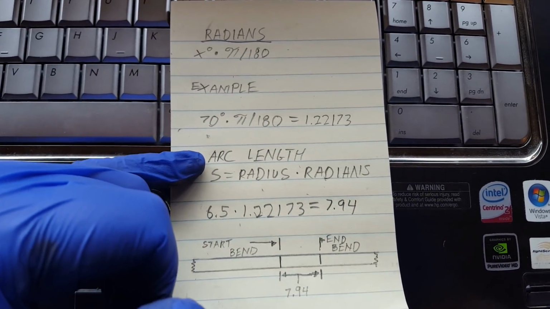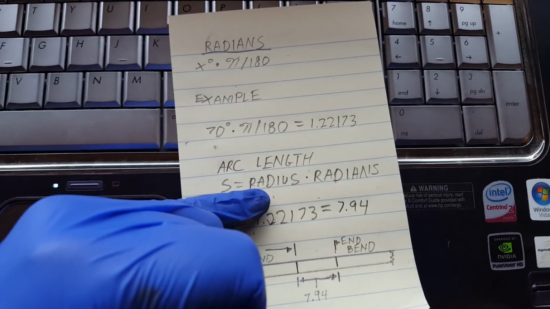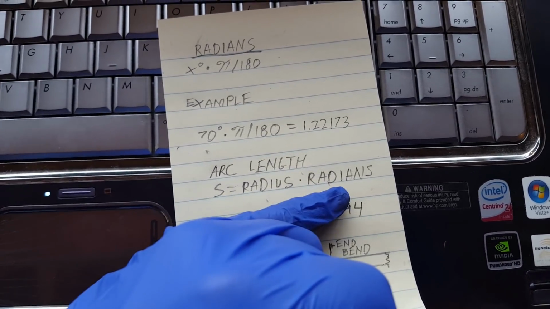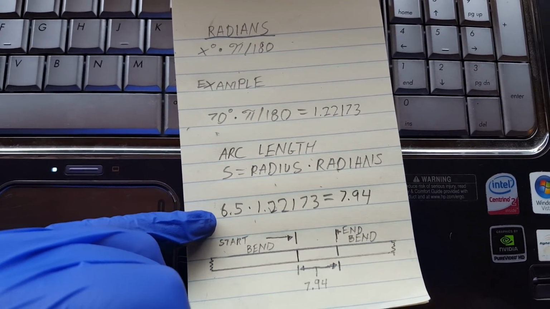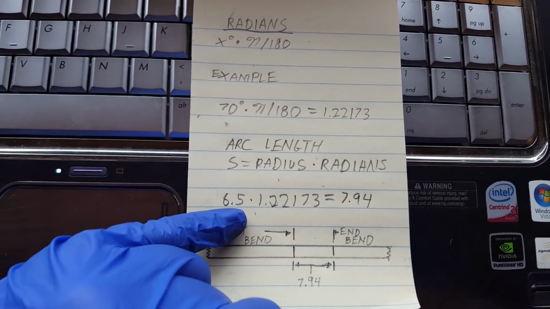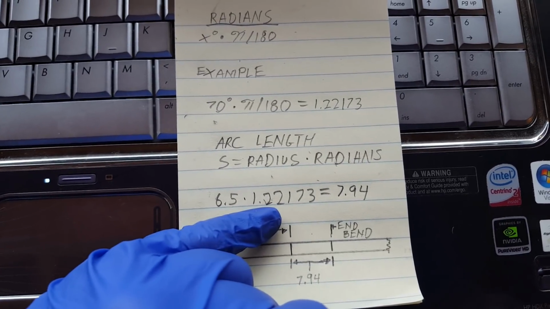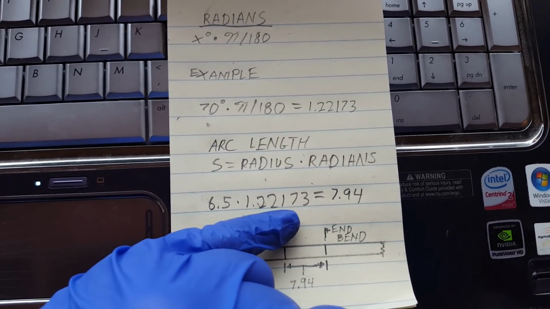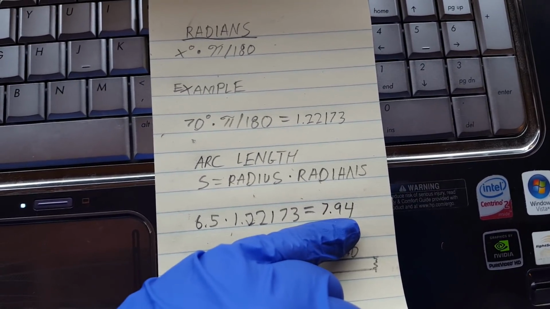So now for your arc length, S represents your arc length. So you go radius times your radians. Your radius is going to be the radius of your die in your bender. So my die is 6.5 radius. So I go 6.5 times 1.22173. That equals 7.94.